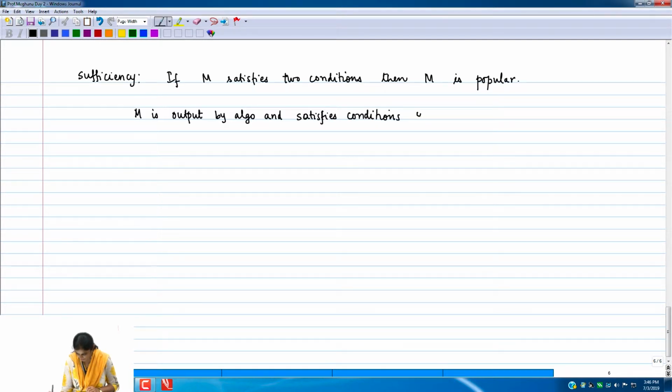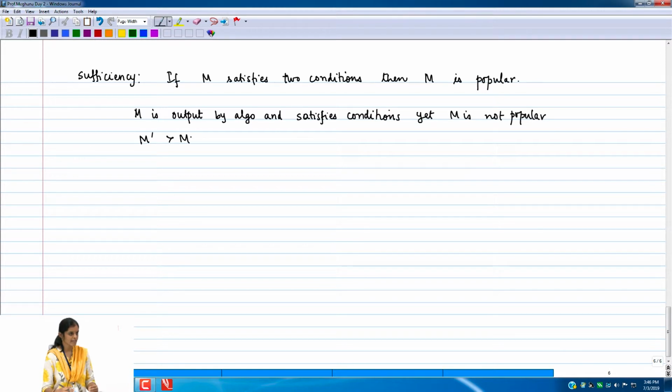Then there must exist an M prime which is more popular than M. Otherwise we cannot say that M is not popular. To say that some matching is not popular, there must exist some other matching which beats it in terms of the votes, right?